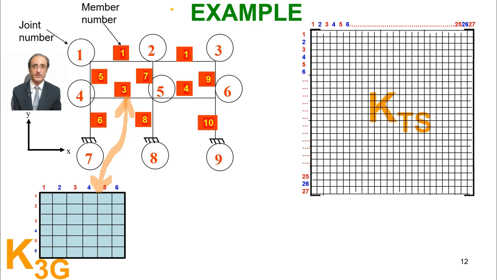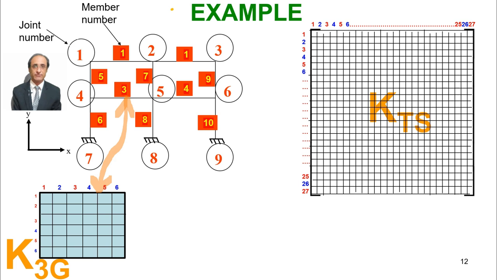Now the point is where these elements go here. Because an element of KTS is the summation of the elements of the members which are framing at a particular joint, and they contribute to that particular degree of freedom.